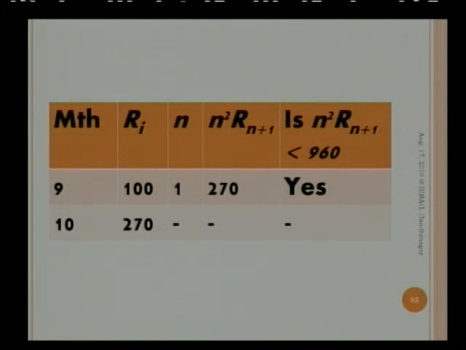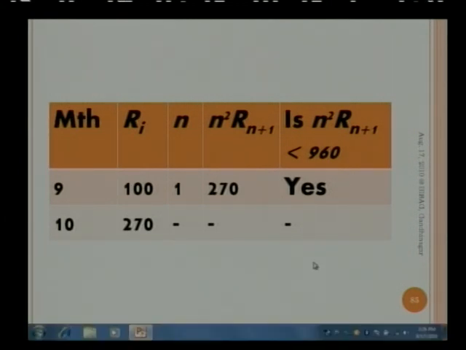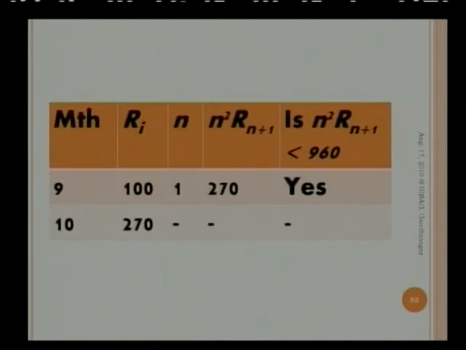Okay. And only the demand of the 10th month is given. So here 270 into 1 square, so it will turn out to be 270. But for 11, no doubt the condition is getting satisfied because 270 is less than 960, but I can't carry out the same step because in the next one I don't have the demand of the 11th month.